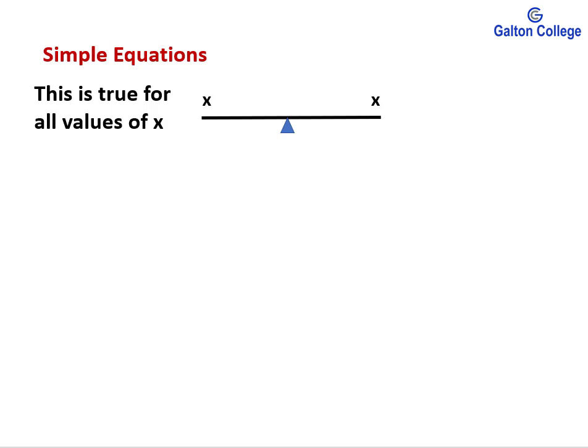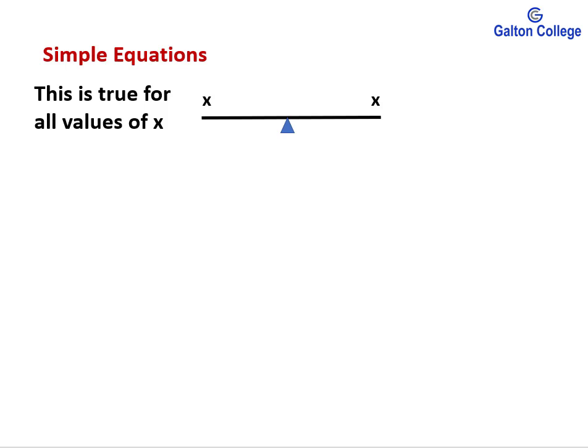Look at this and just say, is it true for all values of x? If we have a balance, we have an equation here, and we have x on one side and x on the other side. If we put in different values of x, will it always balance? Well, I'm going to ignore possibilities and debates that happen way down further in mathematics.